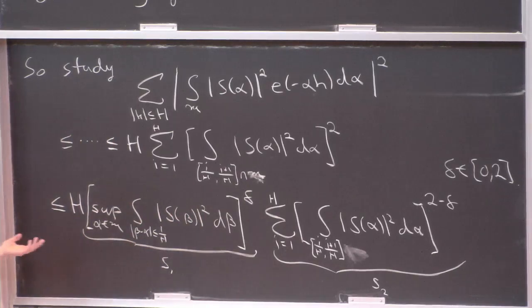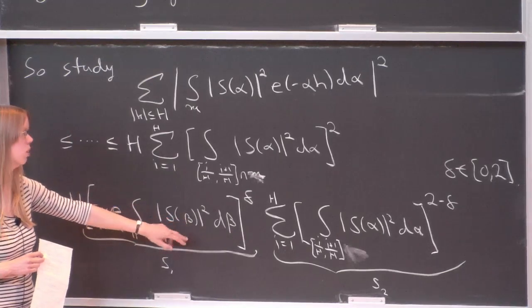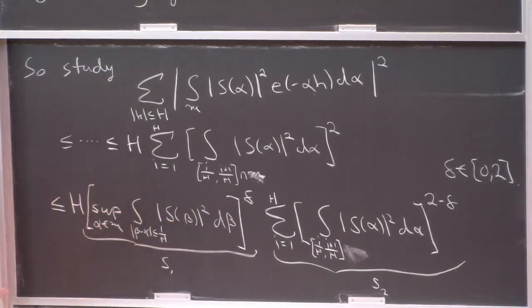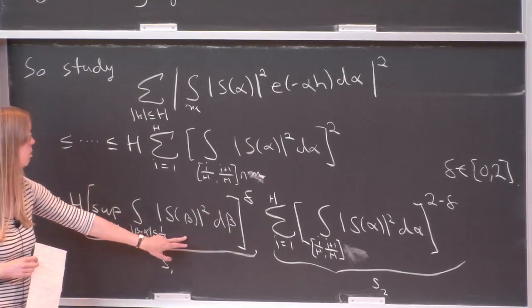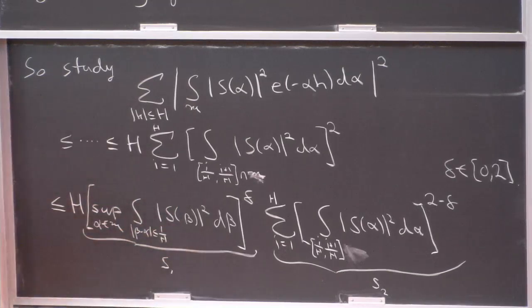And also if you look at the divisor function in the larger range, in particular if h is larger than log x to something tending to infinity, then we will win lots of logs here, and we don't have to care about losing some logs. But in the range of h being a fixed power of log x, we have to worry about losing logs there. But anyway, from now on, I will concentrate on this S1.